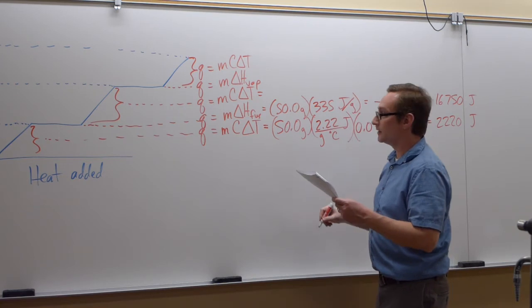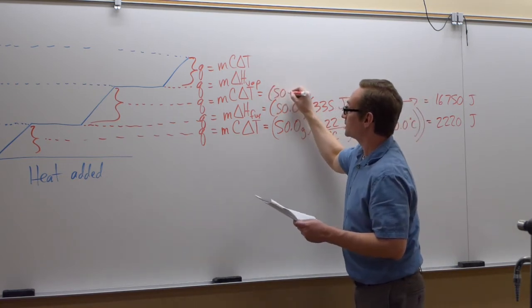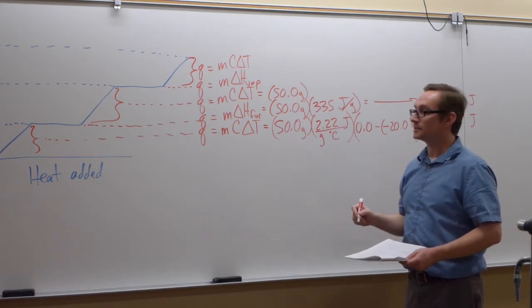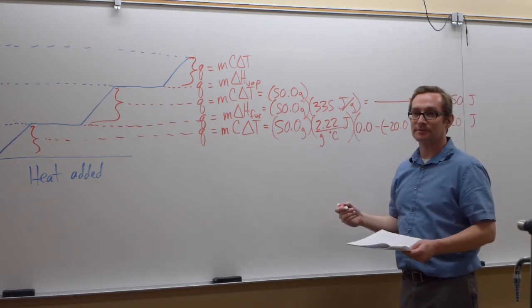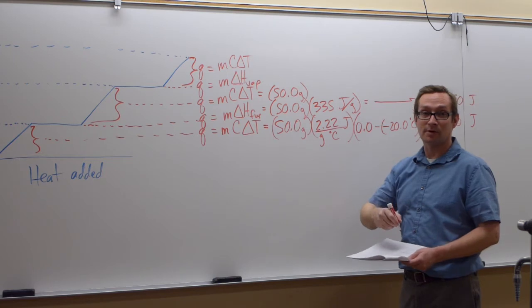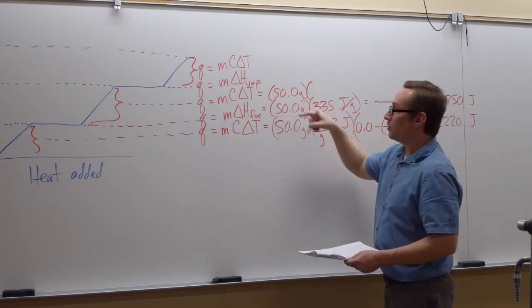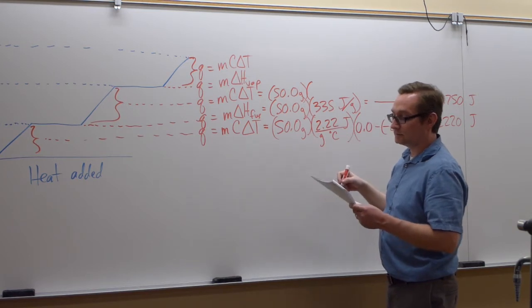Next, again we're doing 50 grams. So notice how the mass of water isn't changing. It's 50 grams of water in the gas phase, the same as 50 grams of water in the liquid phase, which is the same as 50 grams of water in the solid phase. Specific heat of water in the liquid phase now is going to be, what is it, 4.18?